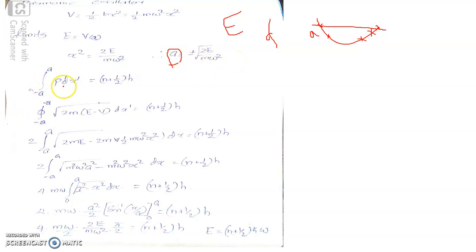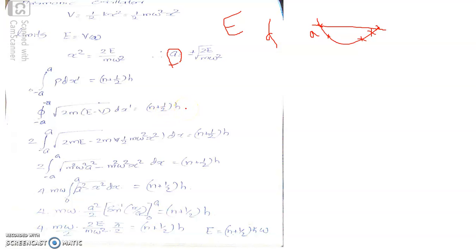Now look at the Bohr-Sommerfeld quantization rule. I am writing it as the closed integral of p dx prime equal to (n plus half) h, with p being root 2m into (E minus V).